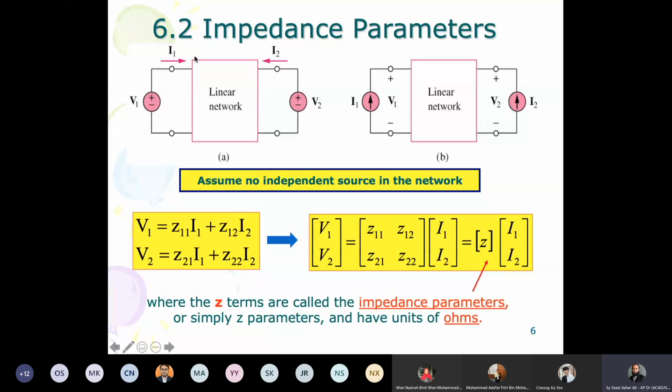So we're taking each current separately. This means we are looking at I1 and the impedance seen by I1 and V1. Similarly, we will do I2 separately from I1 and the impedance seen by V1 and I2.